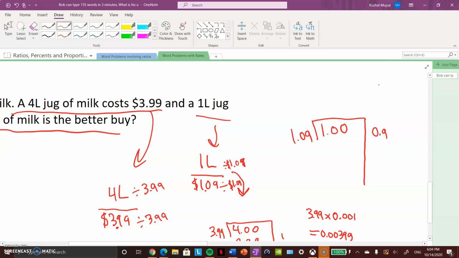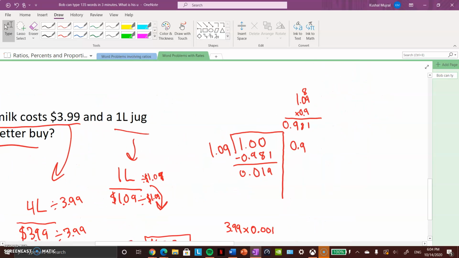So then 1.09 multiplied by 9 is 189, but it's 0.9, so this is going to be 0.981. So it's minus 0.981. We're left with 0.019. You could do this whole division by yourself there.